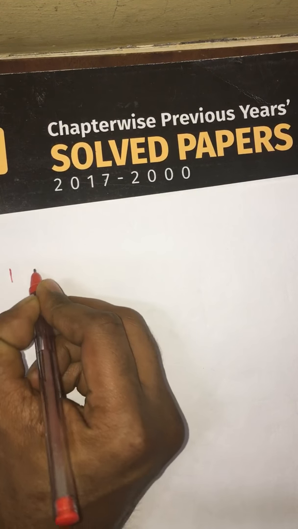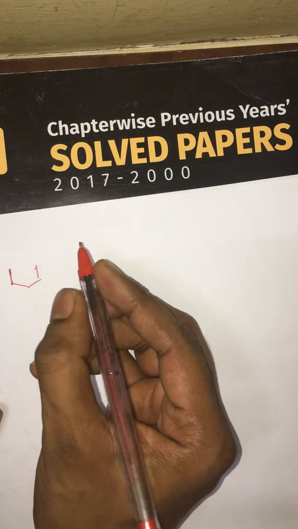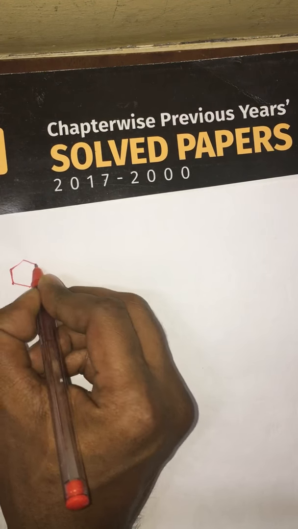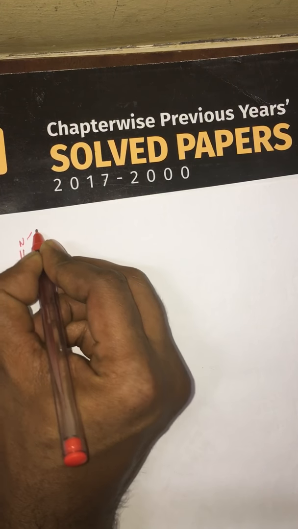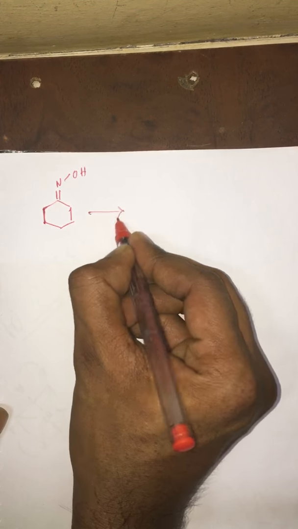So here we have a 6-member ring, double bond NOH, so now it's very simple.